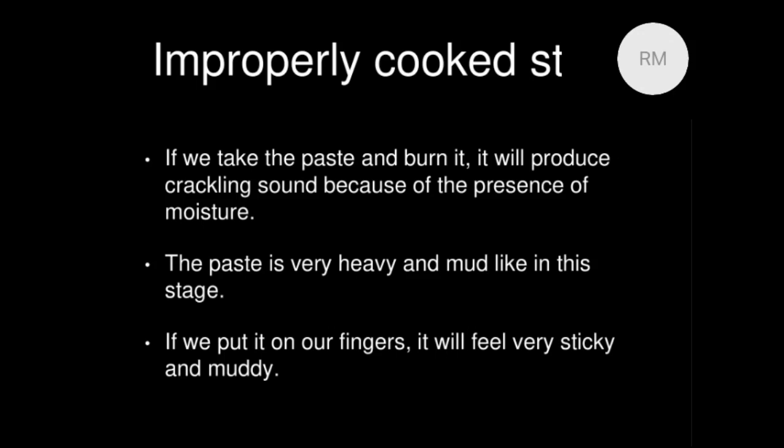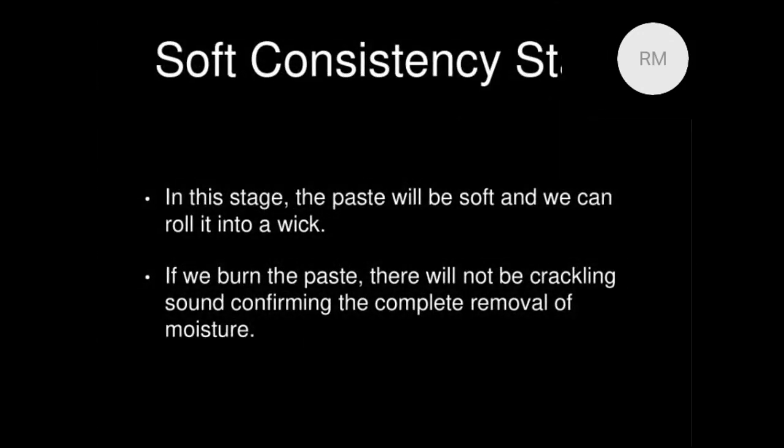Now, the next stage of consistency is the soft stage of consistency. So in this stage, the paste will be soft, and we can also roll it into a wick. In fact, it will be a little bit wax-like.